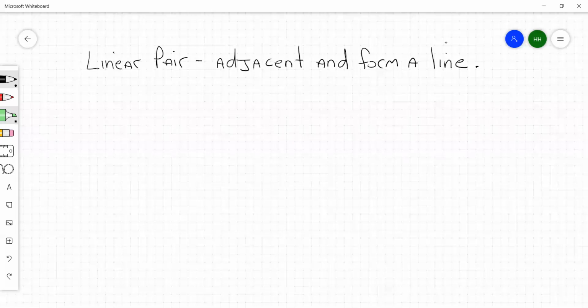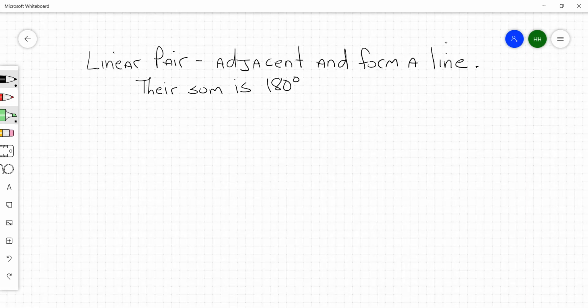A linear pair of angles, they are adjacent and form a line. Their sum is 180 degrees.